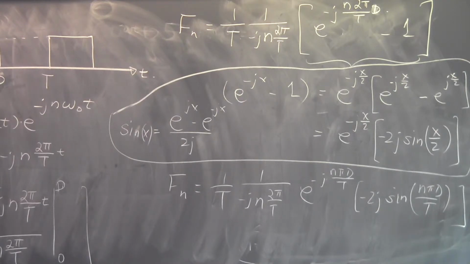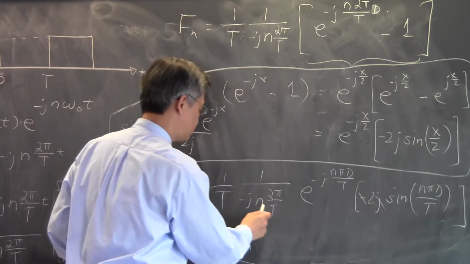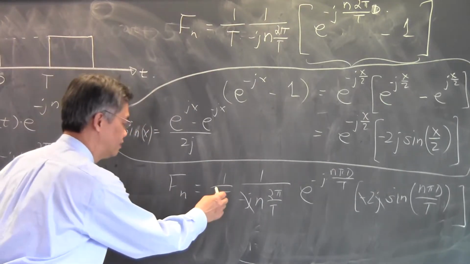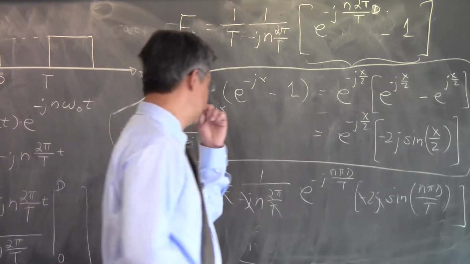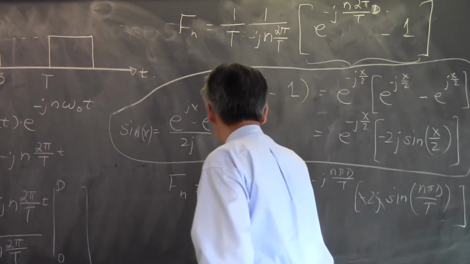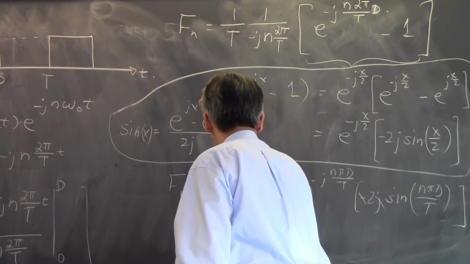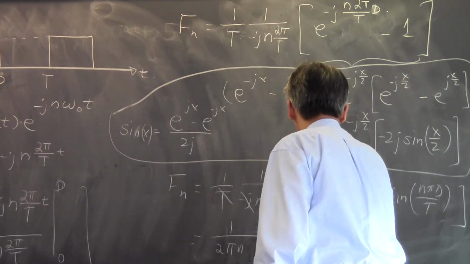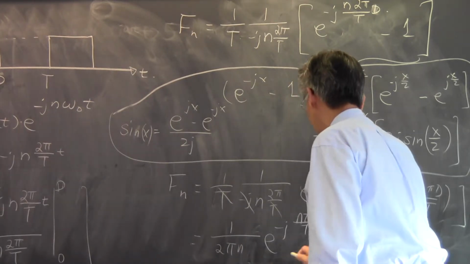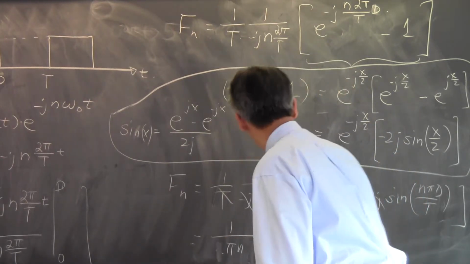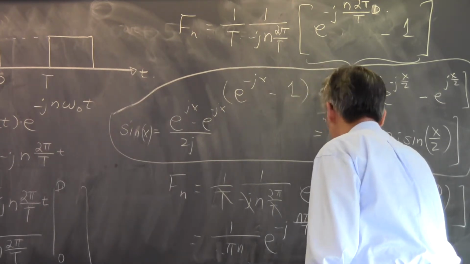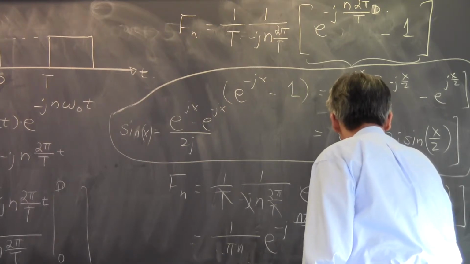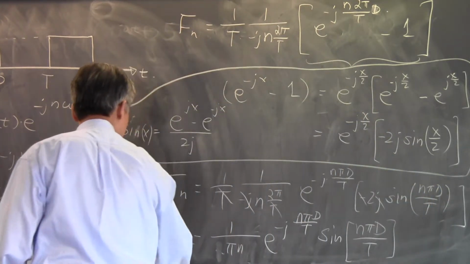I have terms that cancel each other, and then this cancels with that. I have something that looks like 1 over 2 pi n e to the minus j n pi D over T. The 2 cancels with this 2, so that 2 goes away. Sine of n pi D over T. So f sub n looks something like that.